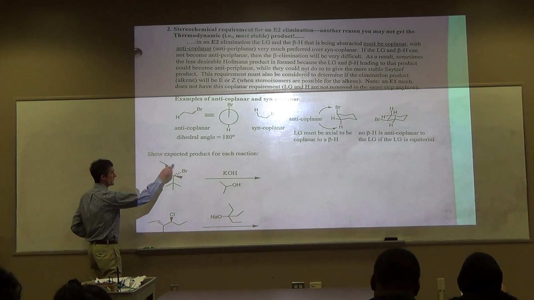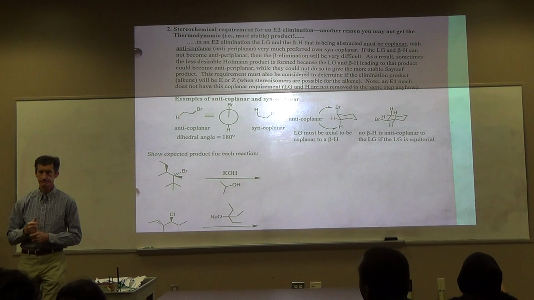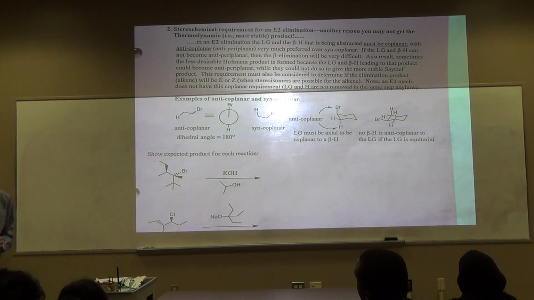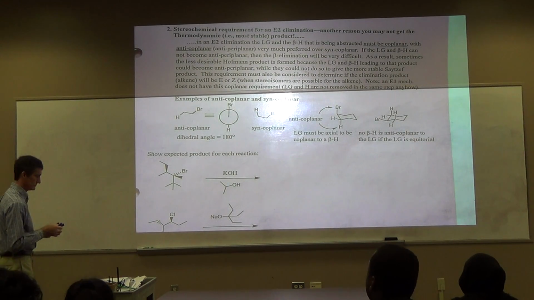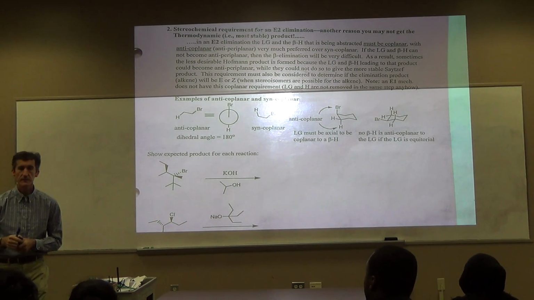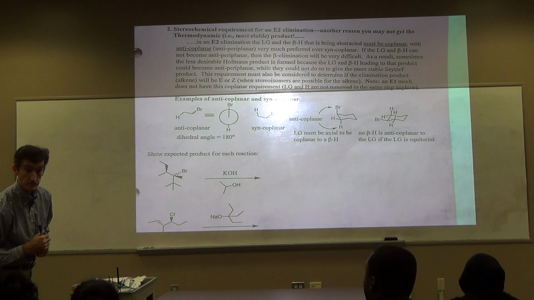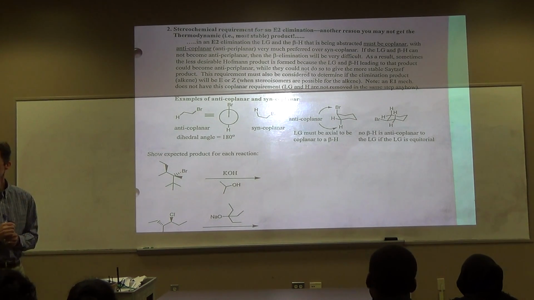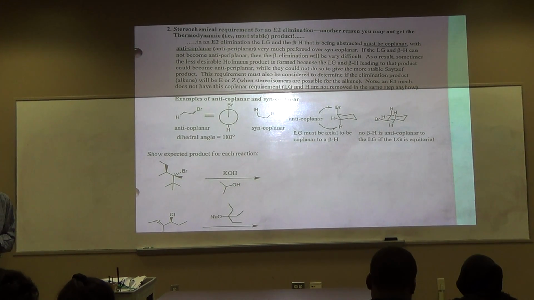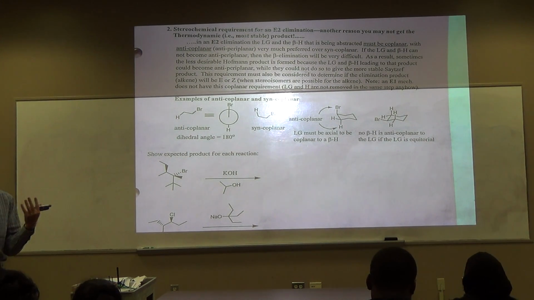Okay, how many different theoretical elimination products are possible? How many different? I hear two. Anybody? Three. One way to approach it, if you're looking for what's the product, you could start by asking what all the possible products are.